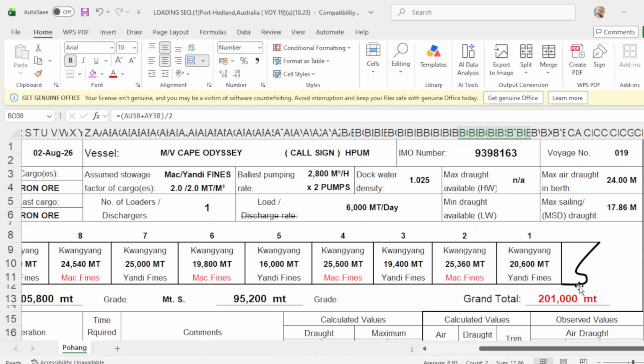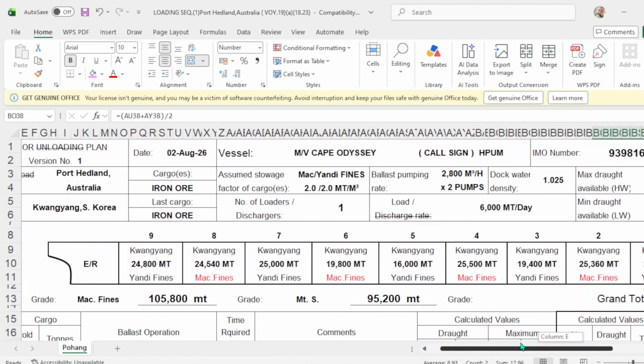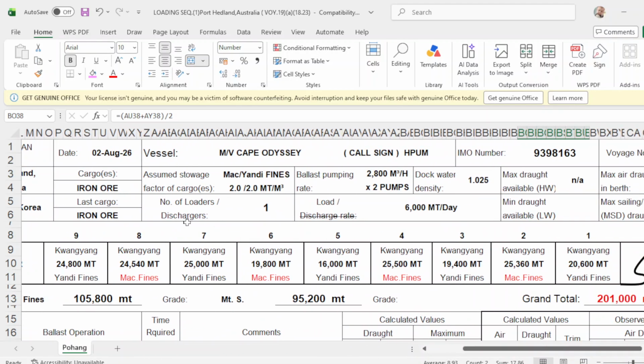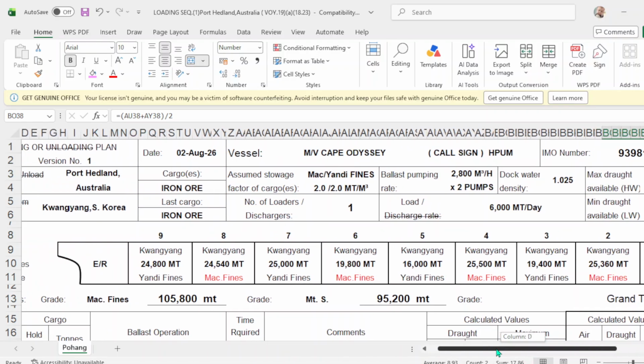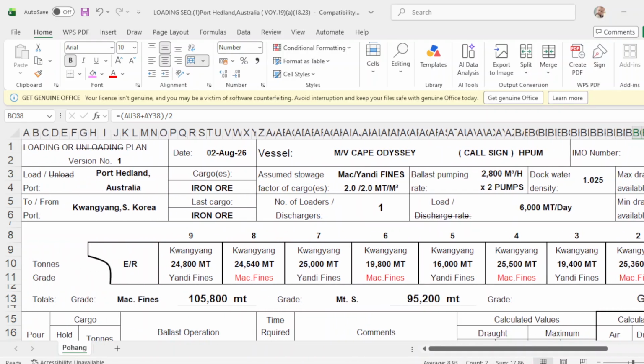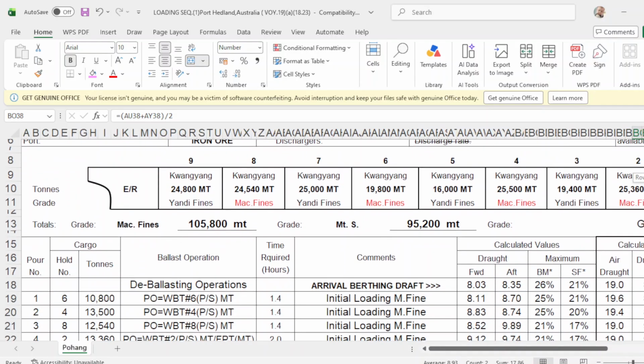This is a capesize vessel, okay, and as you see, these are holds 1 to 9. So each cargo has its total amount of cargo. And let's proceed. Scroll down.